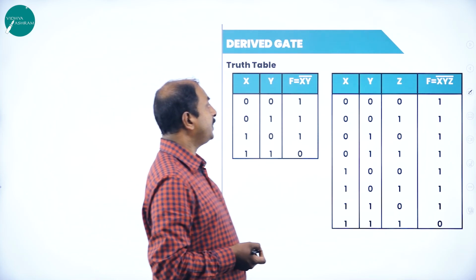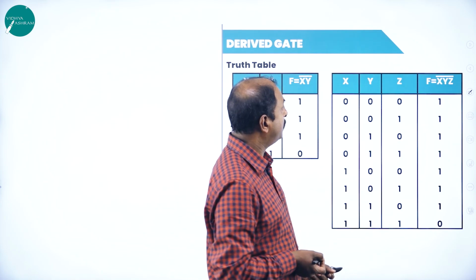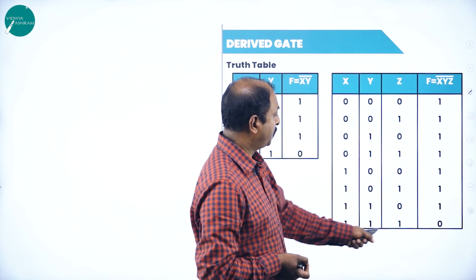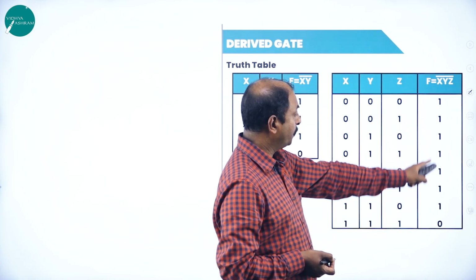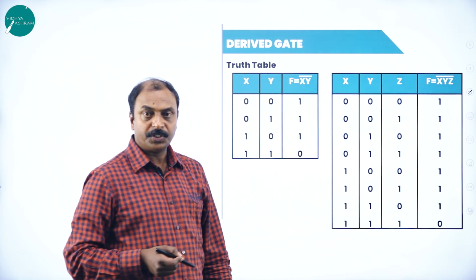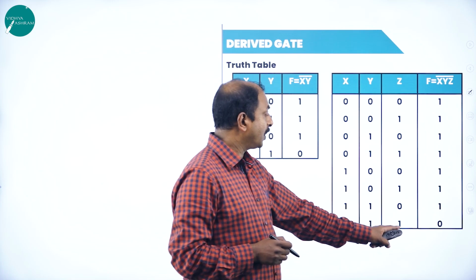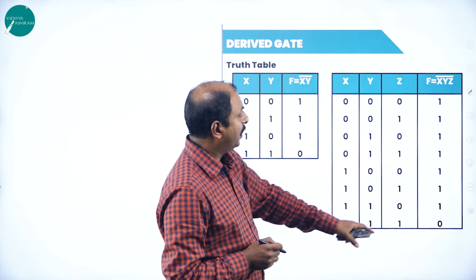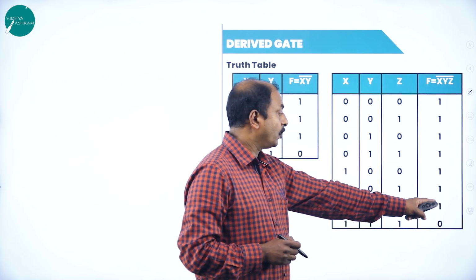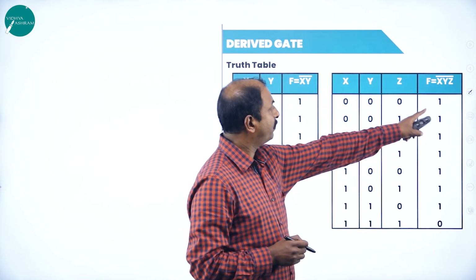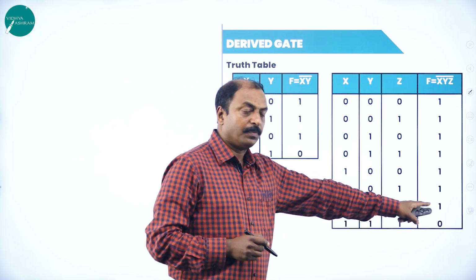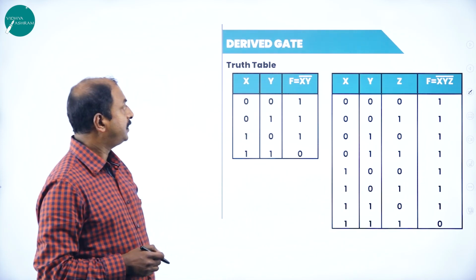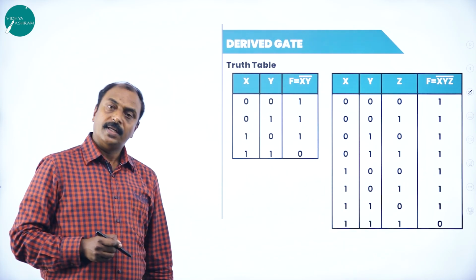Now let us look at the truth table for the 3 input NAND gate, 8 combinations. As per the definition, when all the inputs are high, the output is low. So accordingly, only for this combination the output will be 0. For the rest of the combinations, the output will be 1. So this is the truth table for the NAND gate.